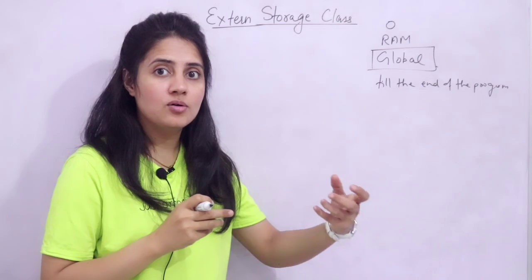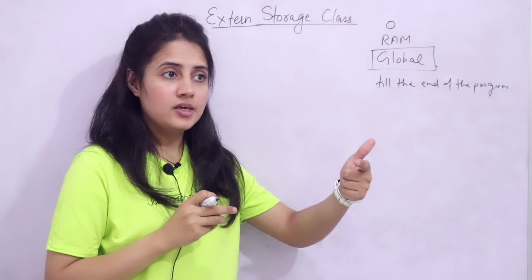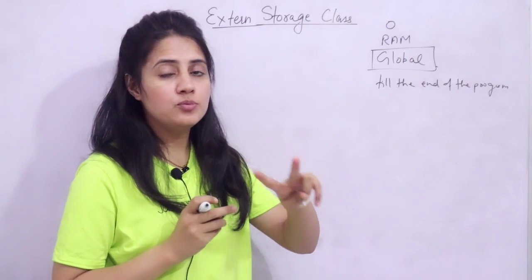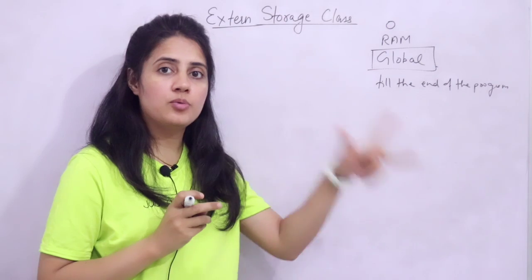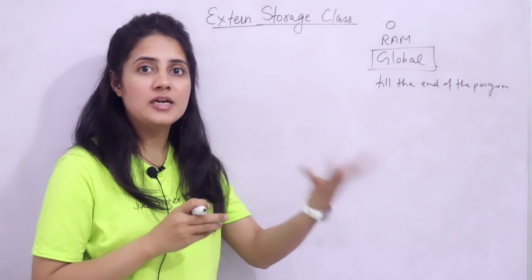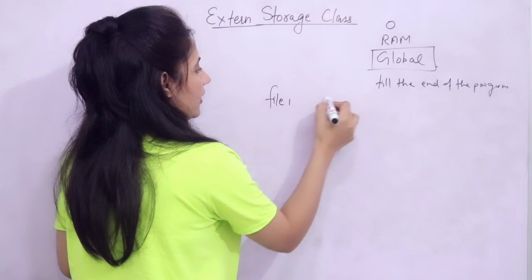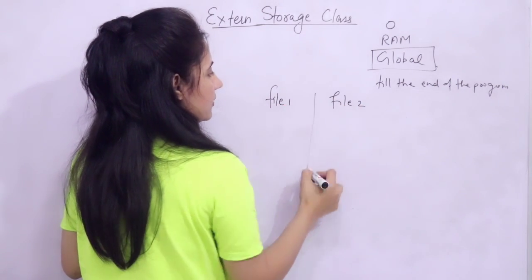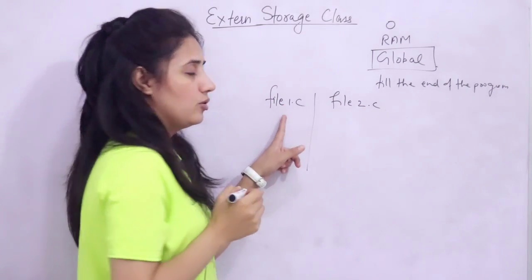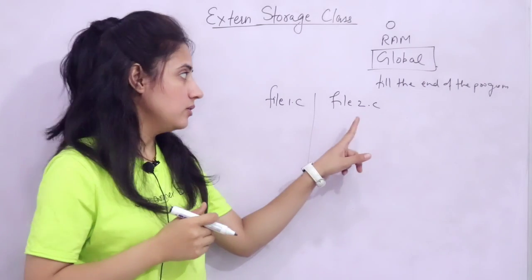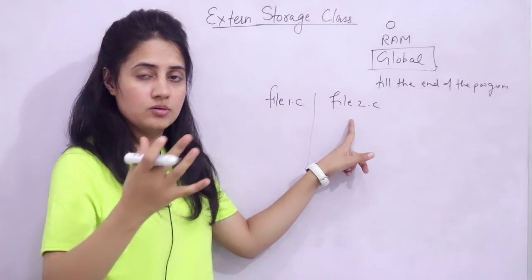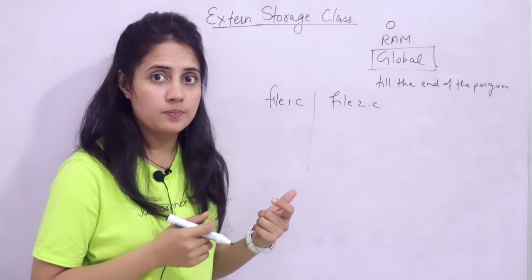Suppose you are working on a project with your team, you have 2 members, and the project has multiple files, like file 1 and file 2. In one file you are working, on another file your team member is working.